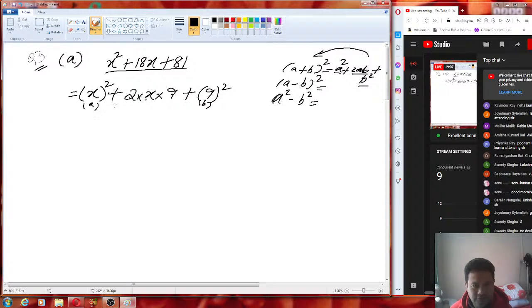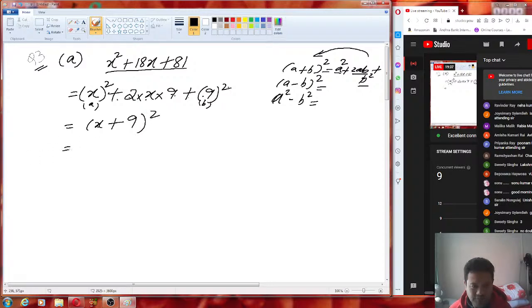Okay, so we get the formula a square plus 2ab plus b square, which is equal to (a plus b) whole square. So that means it's coming as (x plus 9), where x is a and 9 is b, whole thing square.